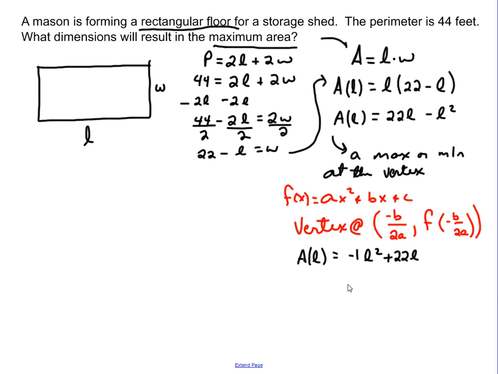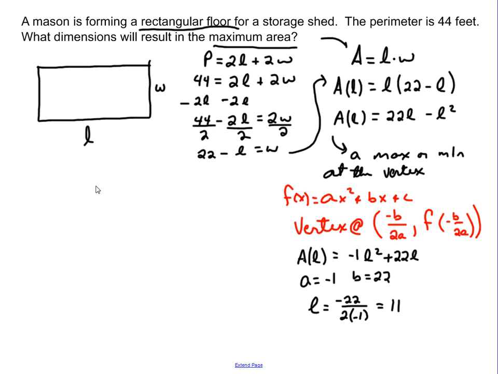And we're going to say that, well, in this case, then, a is being replaced with negative 1, b with 22, and so our value for L at which this occurs is going to be negative 22 divided by 2 times negative 1, and when you work that through, you're going to get L equals positive 11. So 11 feet is where it occurs.